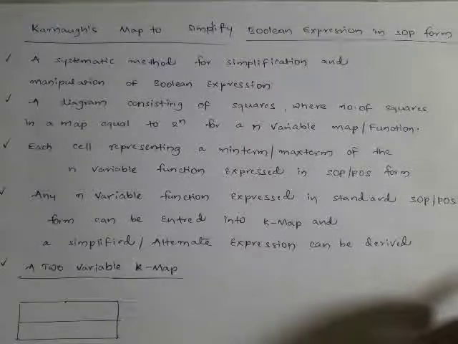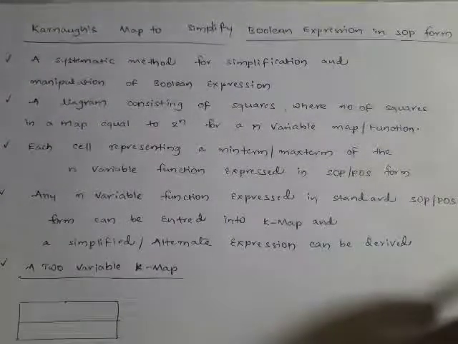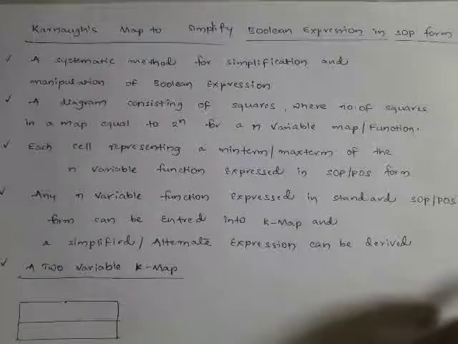So what will happen if we reduce the number of operations or the number of literals, where a literal is a variable in its original form or complement form? When we reduce the number of literals or operations in a Boolean expression, we are actually reducing the number of logic gates required to construct the logic circuit diagram.